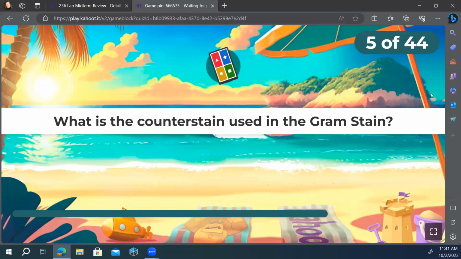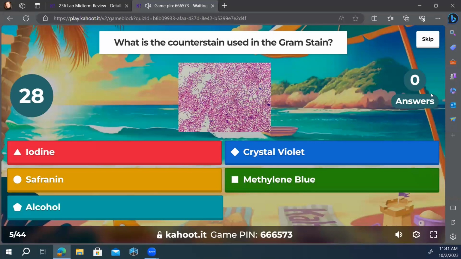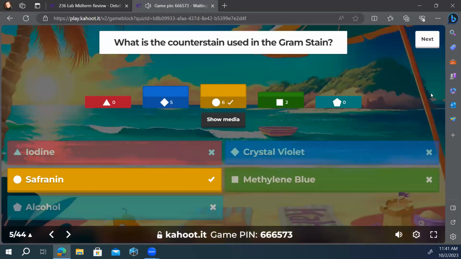All right, what is the counter stain used in the gram stain? Right, so our counter stain is sort of what you stain the cells with just to be sure that you can see what's going on afterwards.